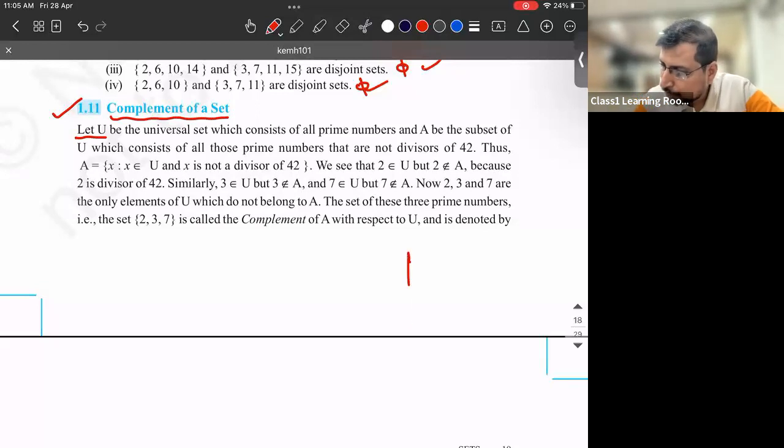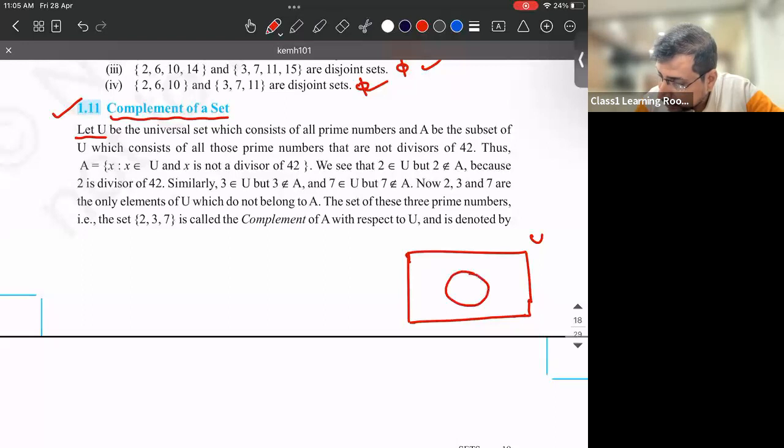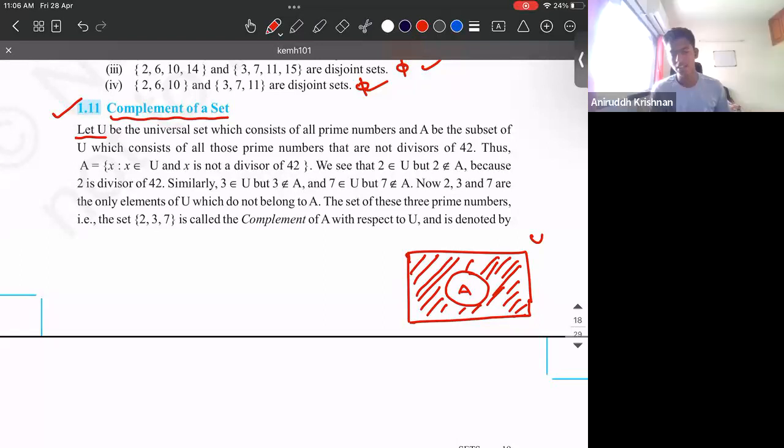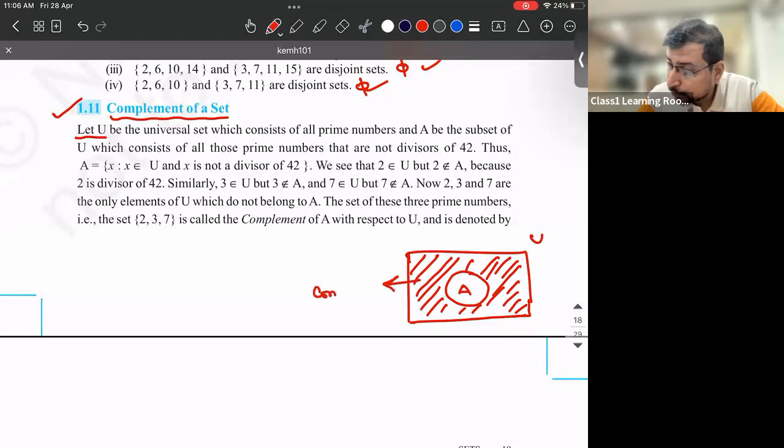See, suppose I take a universal set like this, and let's say there is a set inside it, which I name as A. Then what is this region called? This is what is called the complement of the set.